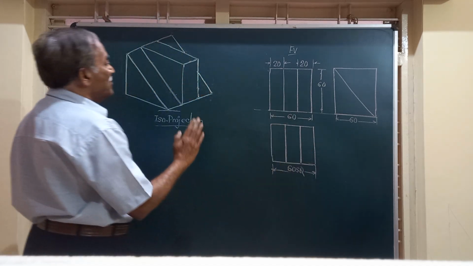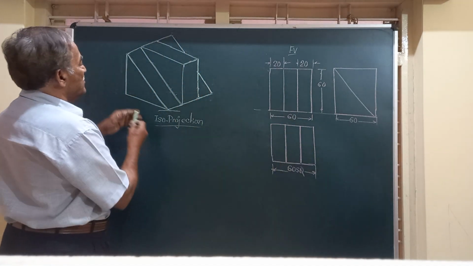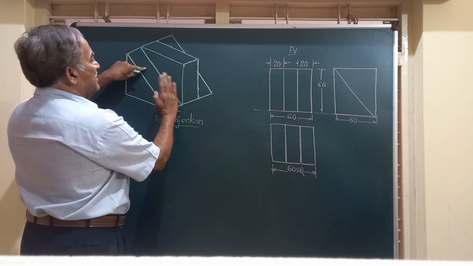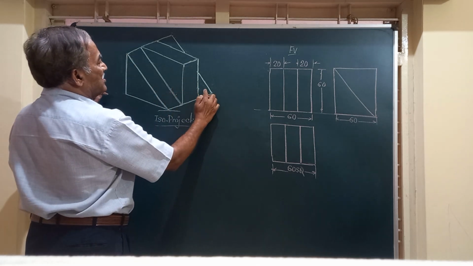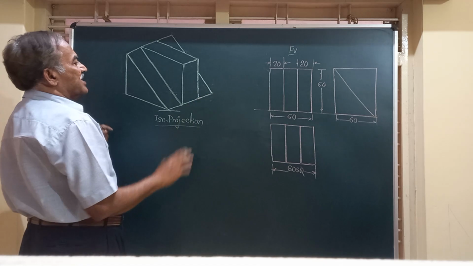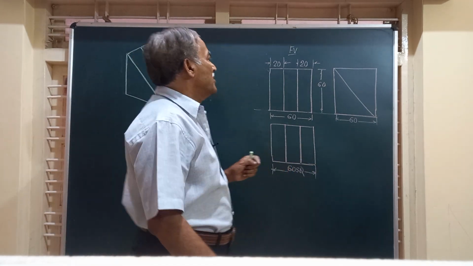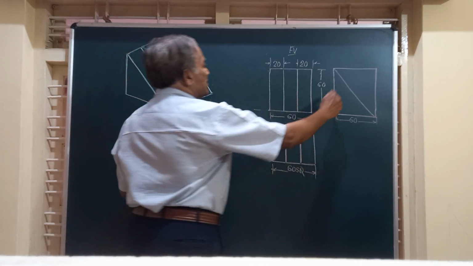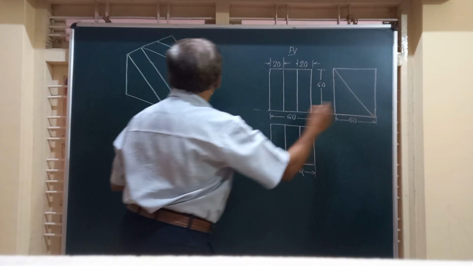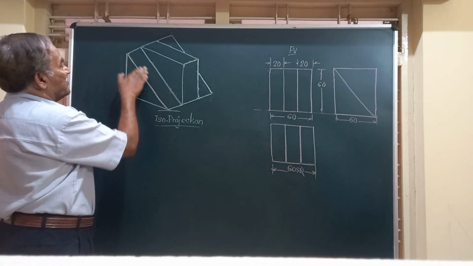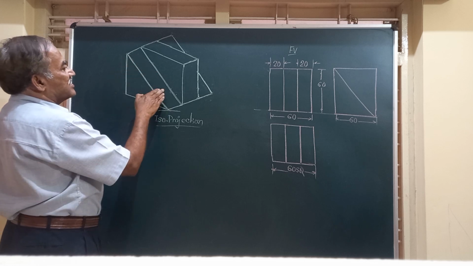In the front view, we have to see three rectangles. So this is one rectangle, this is the vertical second one, this sloping surface is a third rectangle. And in the end view, that is in the left hand view, you can see friends here, there is this sloping, so this line is represented by this surface, this rectangle here.